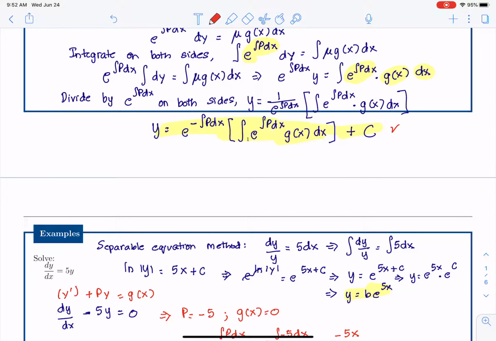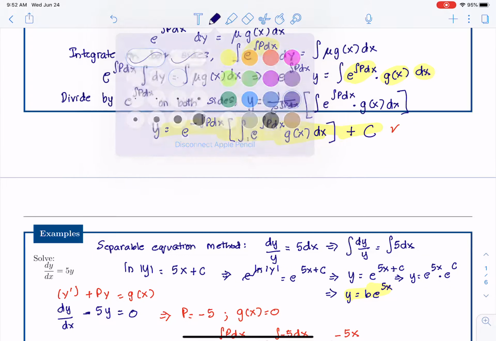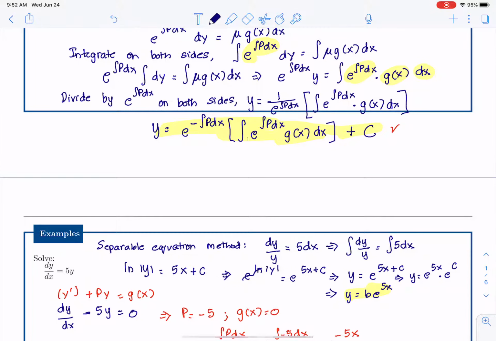I put the square bracket in the wrong place here. In the solution, we are integrating that entire term inside the square bracket, and the 1 over e raised integral p dx is outside the square bracket.